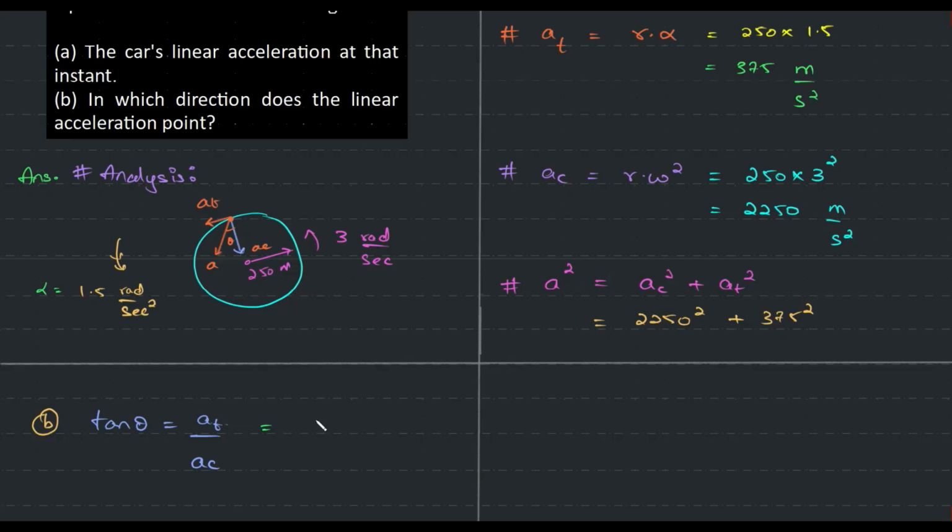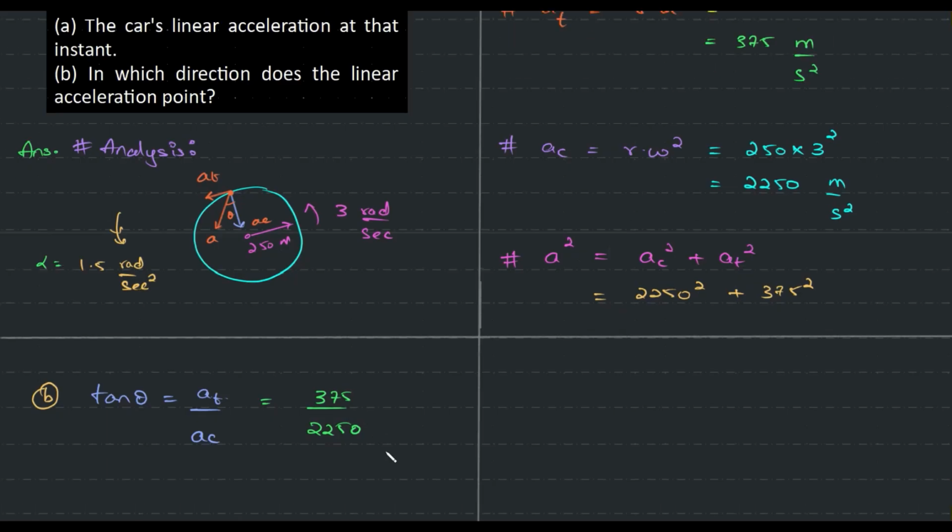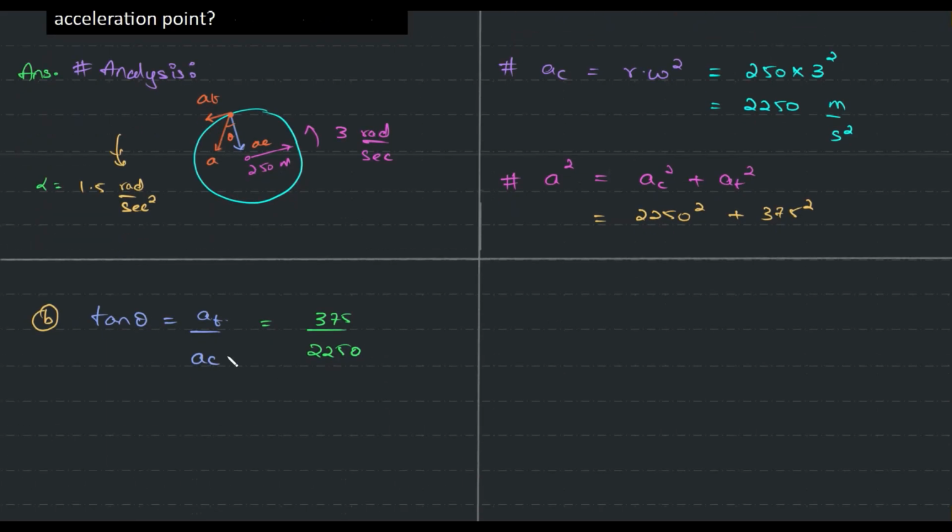And this would be how much? 375 by 2250. So theta is equal to tan inverse of some result that you can find. Leave it to you.